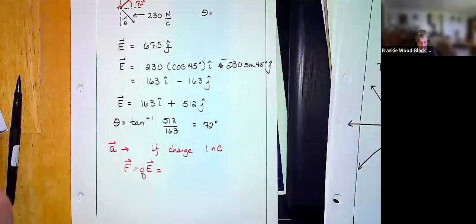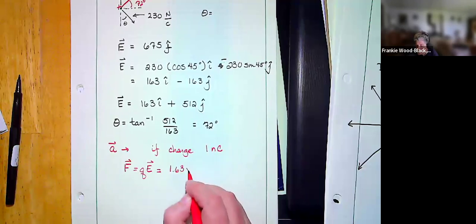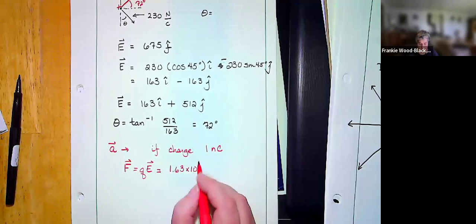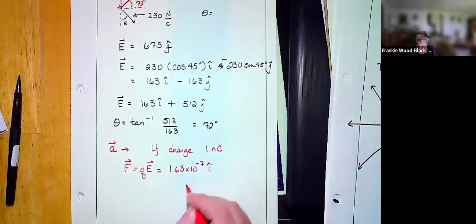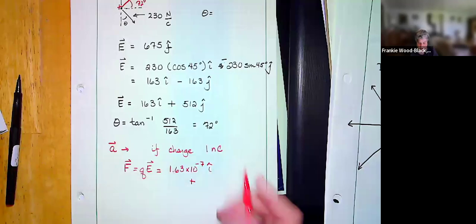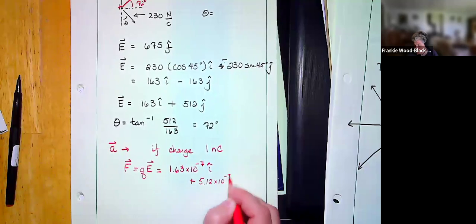This is going to be 1.63 times 10 to the minus 7 in the I direction plus 5.2 times 10 to the minus 7 in the J direction.